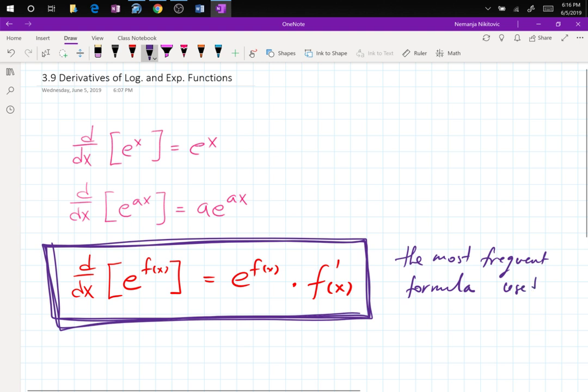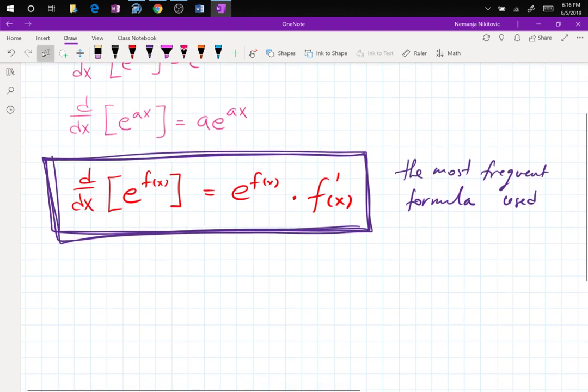Now, this is not the most general case, because even though we generalized the function up there for f of x, we still have the base always being e. So the general case for something like this would be the derivative of b to the f of x. So any base, you can have 2 to the sine x, all right?